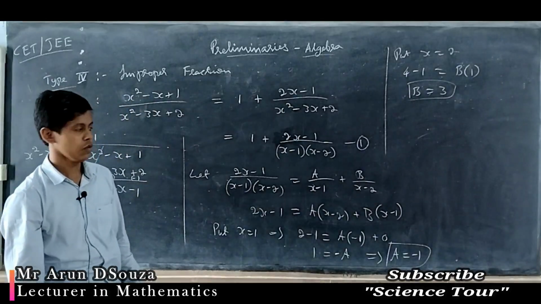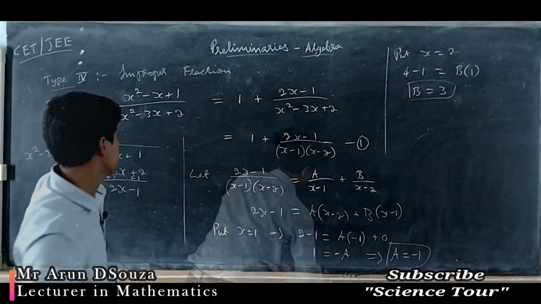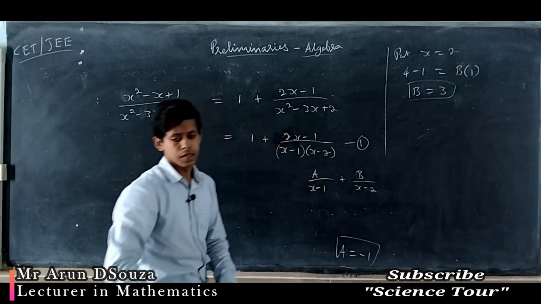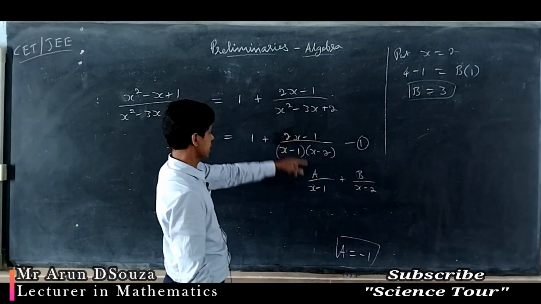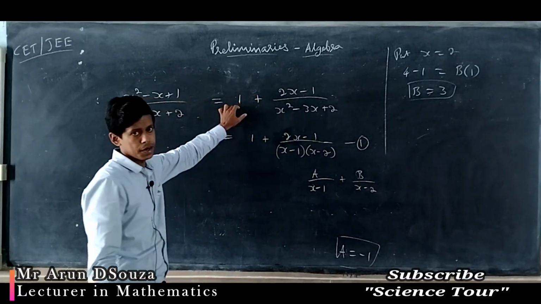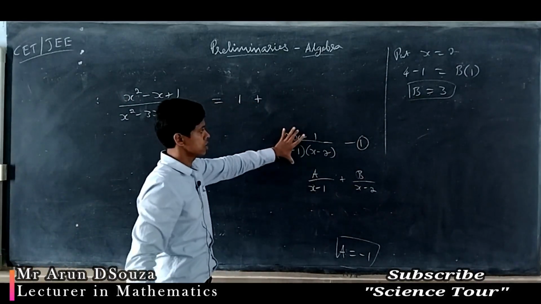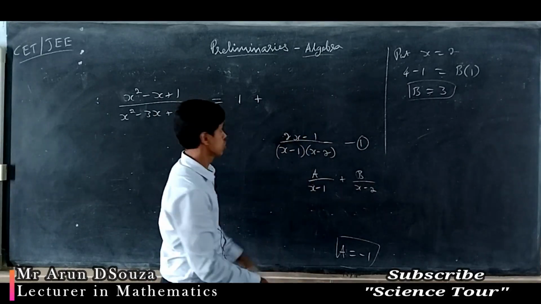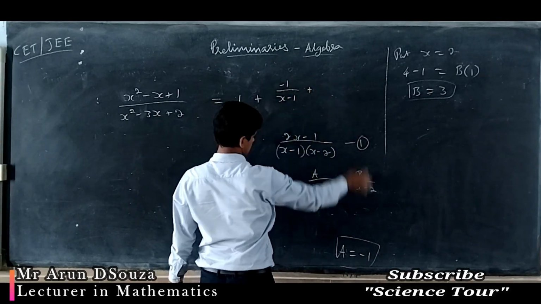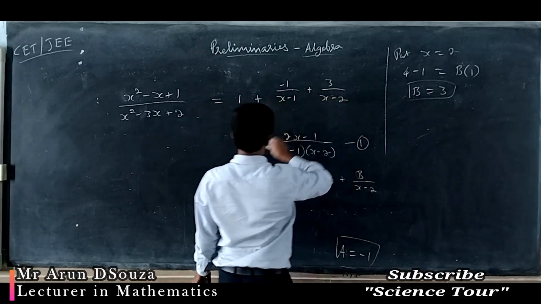Now what I have to write is this finally. So how am I going to write that? Okay, so understand how we can write this. In the final step, you have to substitute the values of a and b, and you have 1 here, so let it be. But in this place I should write this. So a is minus 1 divided by the first factor, b is 3 divided by x minus 2.